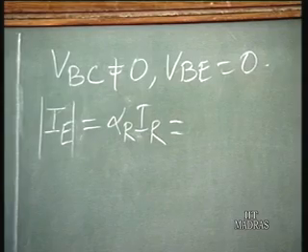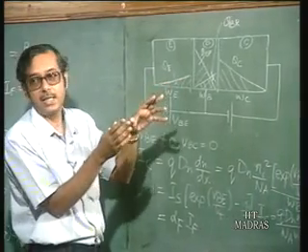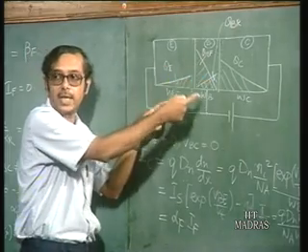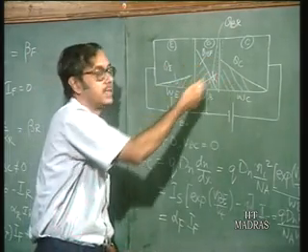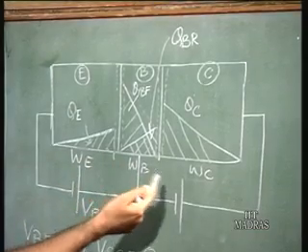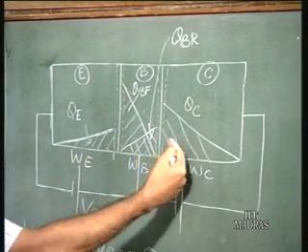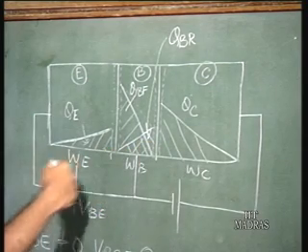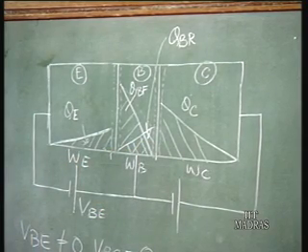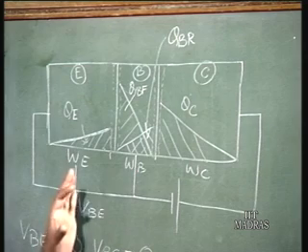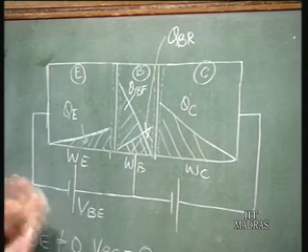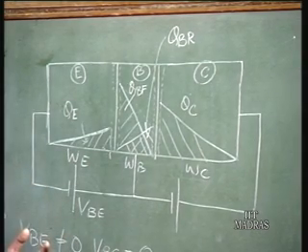This is given by, now you have VBC not equal to 0, VBE is equal to 0. So, these forward charges are missing. So, you have a situation like this, and the emitter current is actually the current injected from the collector into the base, which flows into the emitter. So, it is just like the previous situation of VBE not equal to 0 and VBC equal to 0, but you have just interchanged the emitter and the collector terminals.